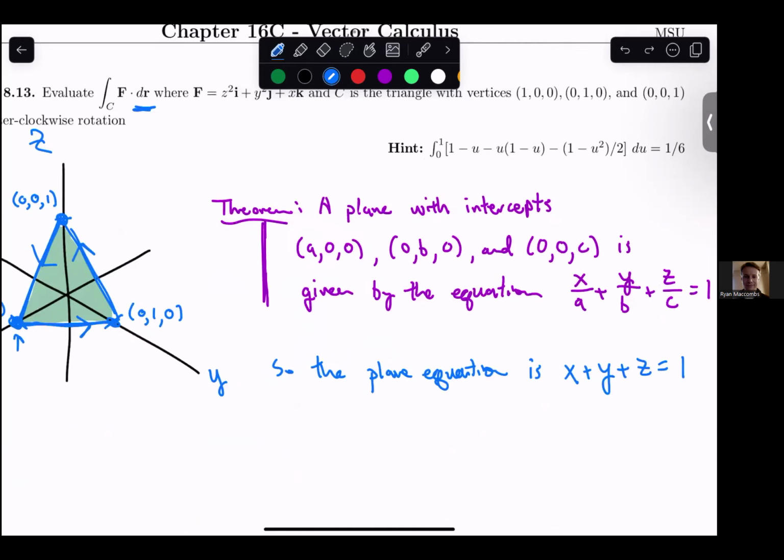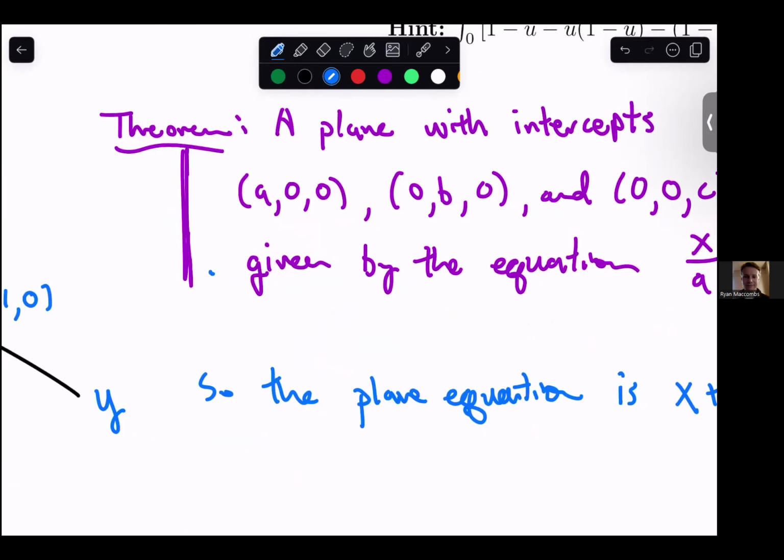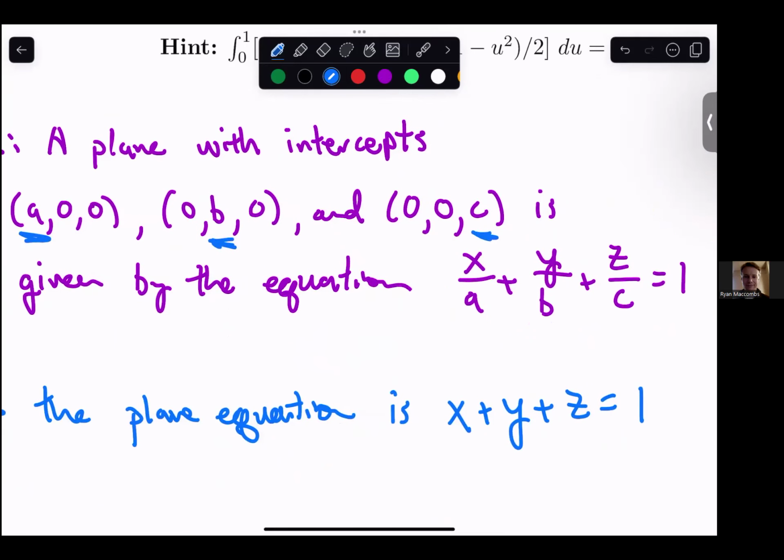We can actually make a quick theorem here about a fast way to come up with a plane equation when all the 3 points given are intercepts. In this case, you just divide by whatever those values were. So we have our a value was 1, our b value is 1, and our c value was 1. So rather boring. Therefore, our plane equation is just going to be given by x + y + z = 1.